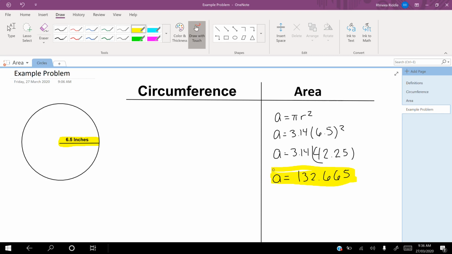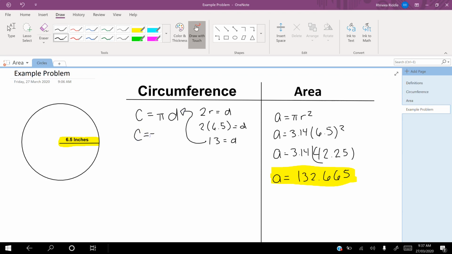And now as we go over to the circumference of this circle, we have to remember our circumference formula, which equals pi times the diameter. And again, we're only given the radius. So if 2 times the radius gives us the diameter, we know that 2 times 6.5 is our diameter. And when you multiply the two of those together, you're going to get 13. So we can go ahead and plug that into our formula.